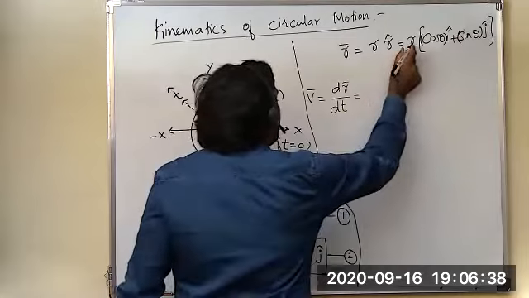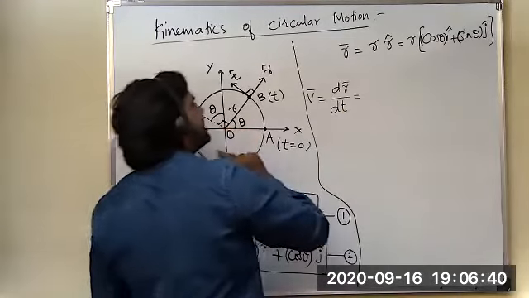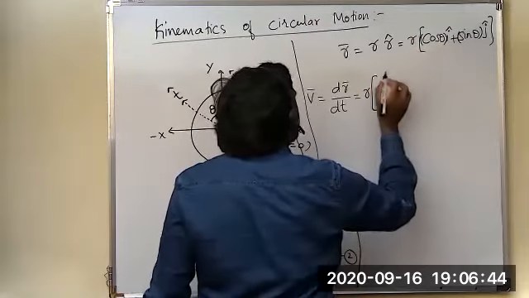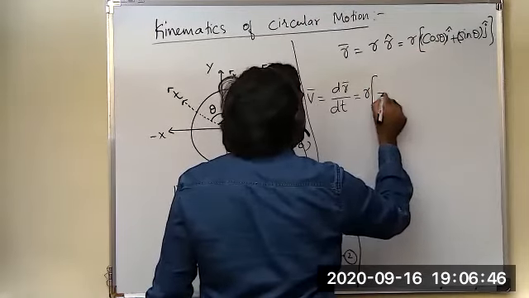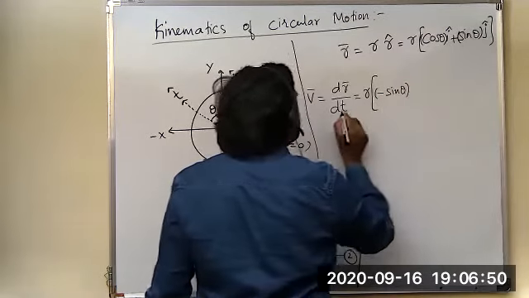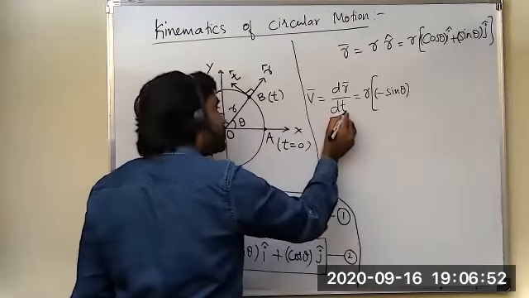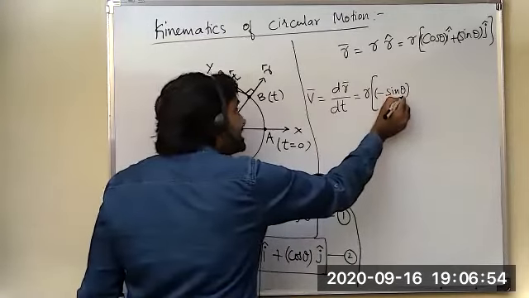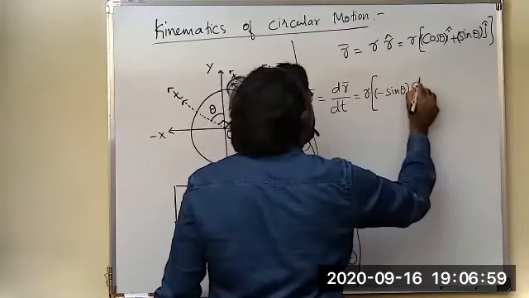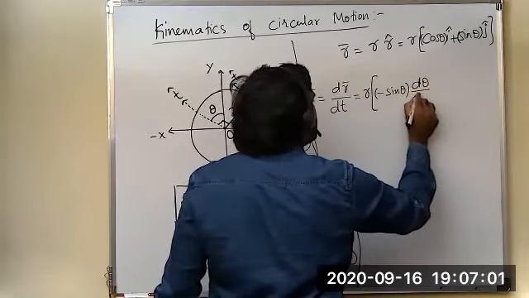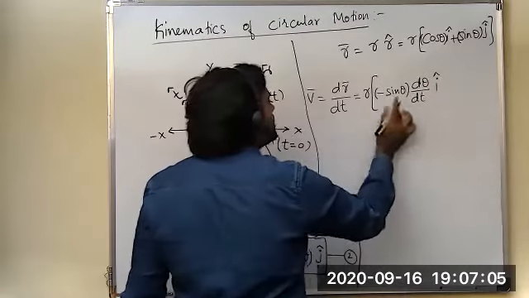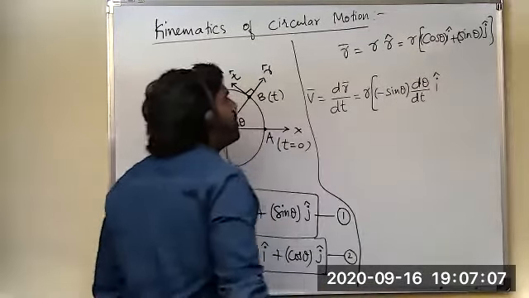That is equal to, r is a fixed value, constant radius, so it cannot be differentiated, but cos theta can be differentiated. It can be written as minus sin theta into, since we are differentiating with respect to t but the variable is theta, after writing the formula you have to differentiate theta separately, d theta by dt into i cap. It remains as it is.